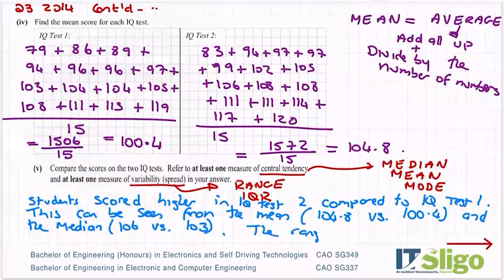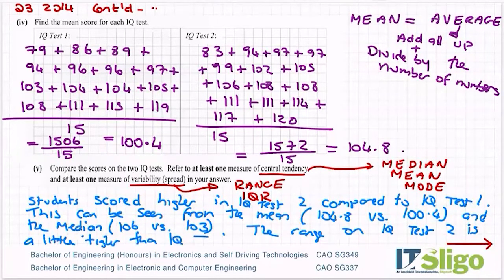The range on IQ test 2 is a little tighter maybe than IQ test 1, but they are quite close, or something to that effect. You can kind of say anything like that.